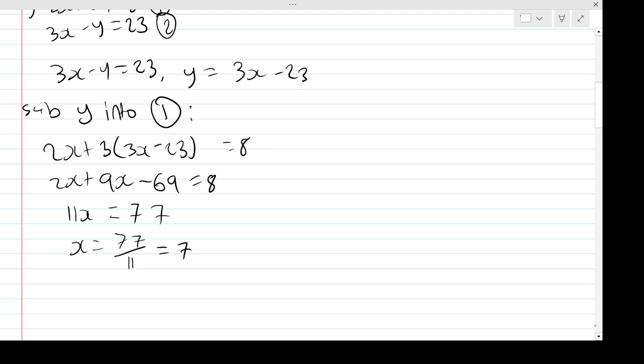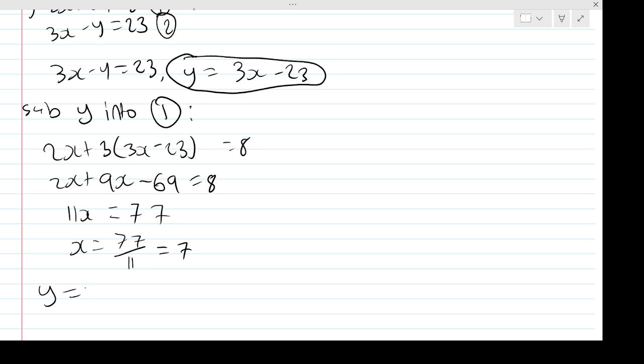Cool. But then that's x. But now we've found our x, we can either substitute x into the equations again, right, to get y, or because we already know what y is exactly, we already rearranged it here, we can use this equation instead.